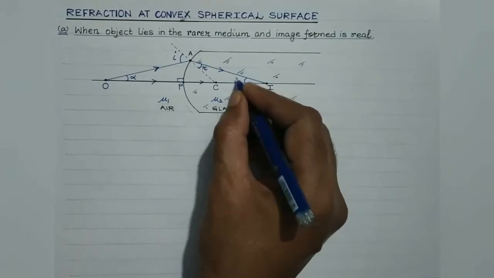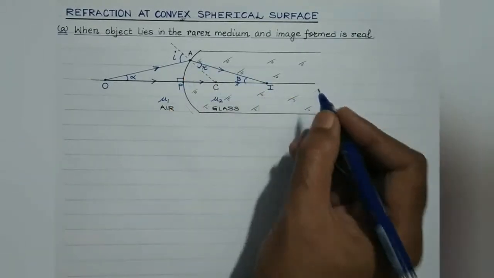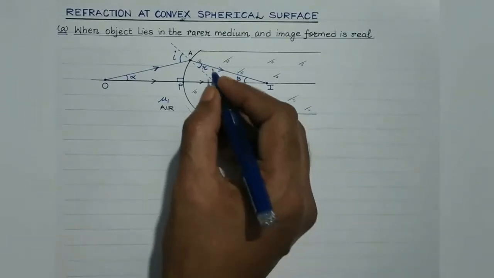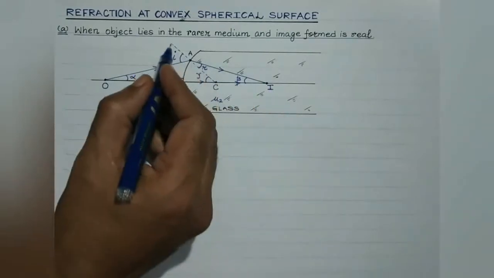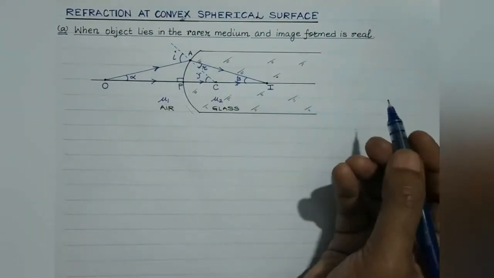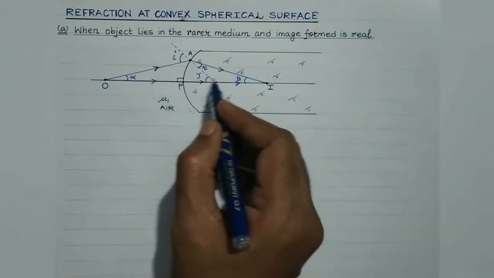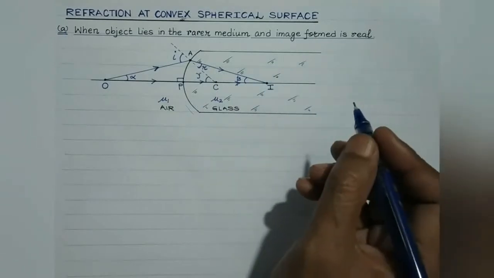Let this be the angle beta. It is the angle which the refracted ray makes with the principal axis, right? And let us consider this angle to be gamma. This is the angle which this normal makes with the principal axis. And as per assumptions, we are already aware, alpha, beta, gamma, they are very, very small. So they can be replaced with their tangents, right?